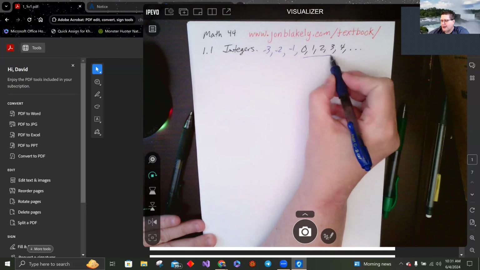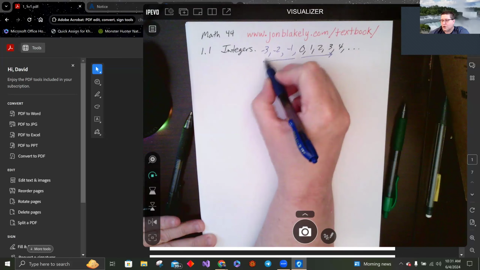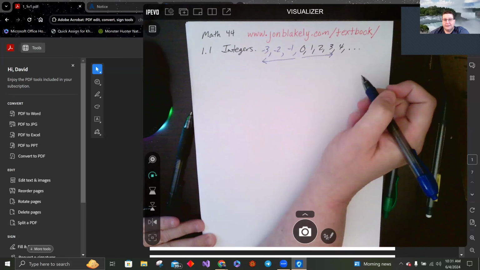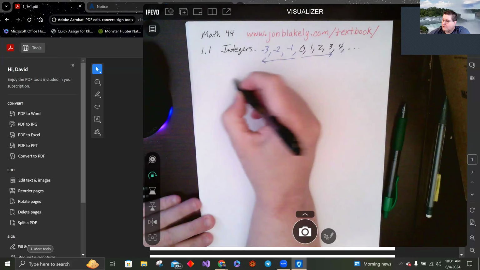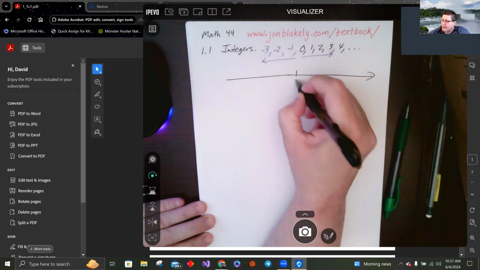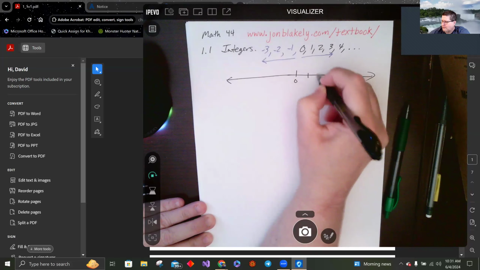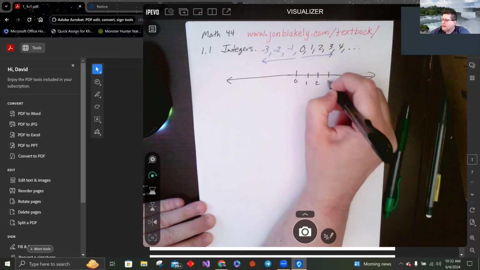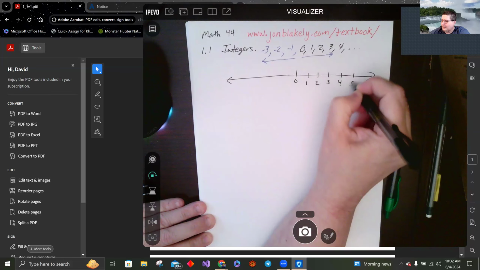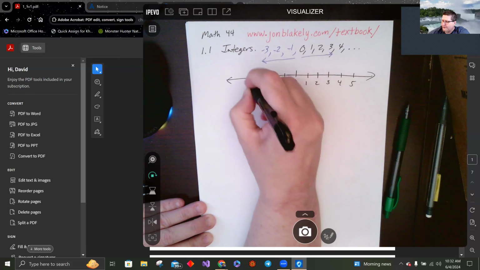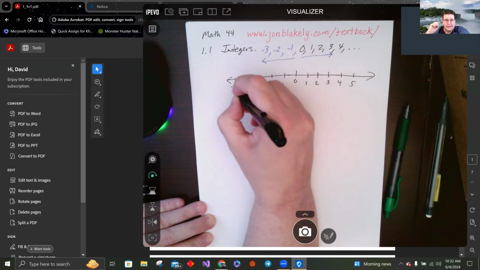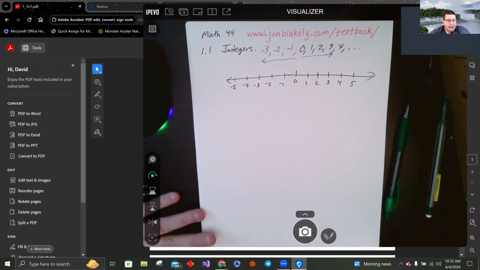So 3 from 0 that way is 3 this way, and the numbers look the same, just with a negative sign. In fact, that's where we have the number line that we like to do. 0 is in the middle, and we can go right and so on. Hopefully a lot of this is review for you, at least in the beginning, because we're going over a lot of basic arithmetic.